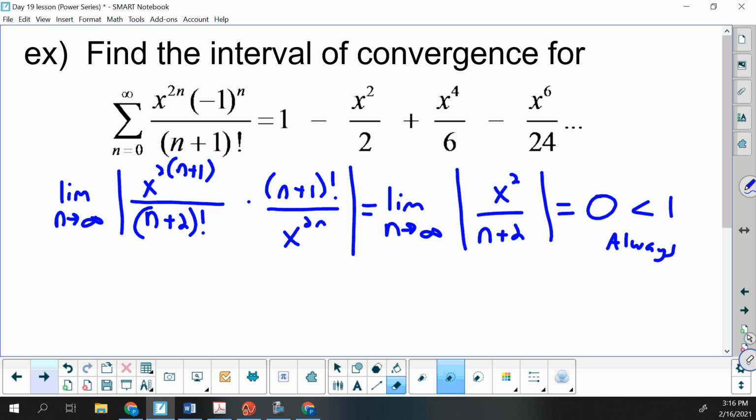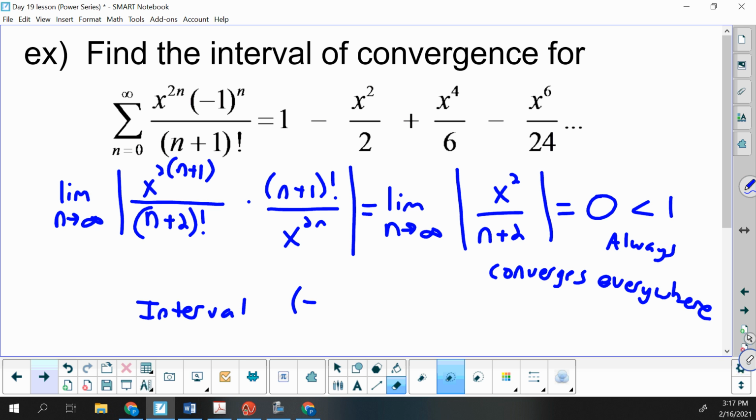Last one and this one are the special cases. We're always less than 1, so this means it converges everywhere. So our interval is just negative infinity to infinity, and our radius would also be infinity.